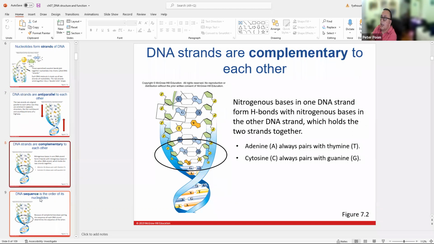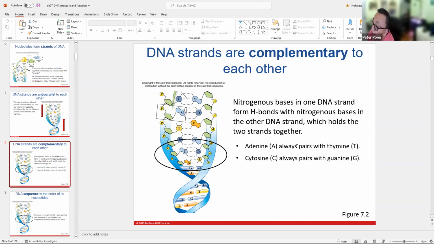The DNA strands are complementary to each other. Nitrogenous bases in one DNA strand form hydrogen bonds with the nitrogenous bases in the other DNA strand, which holds the two strands together. A's always bind with T's, C's always bind with G's.